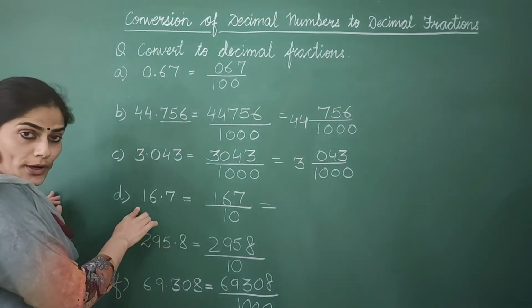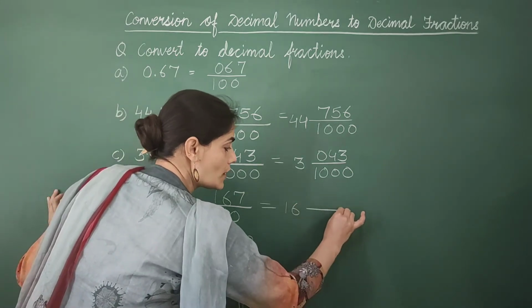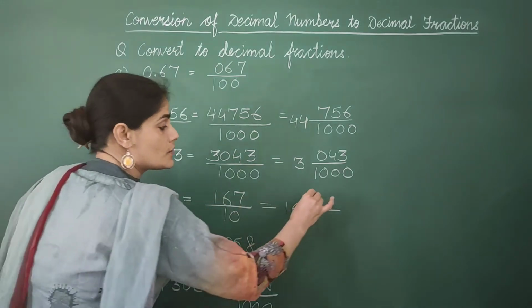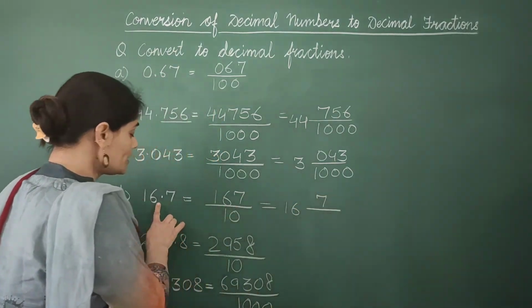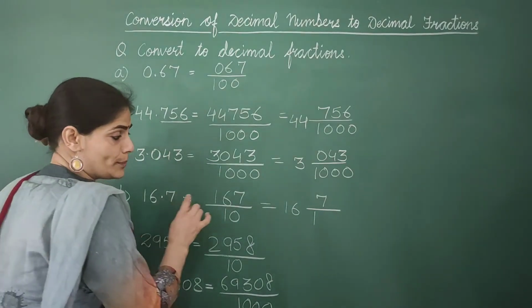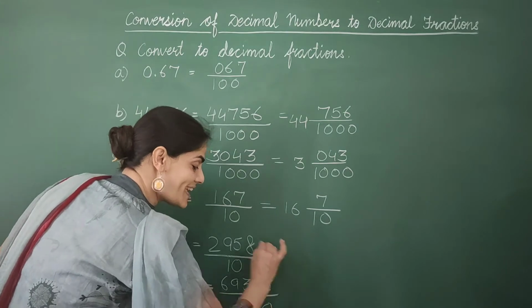Now I move to the next part. This is whole number part and it is 16. So I write 16 in front of this division bar. Now 0.7 is left. So I write 7 here. For this decimal point, I write 1. And for this 1 decimal place, I put this 0 here. Now move to the next part.